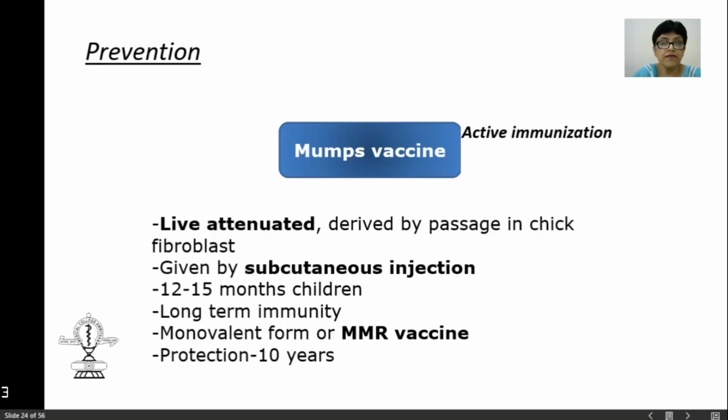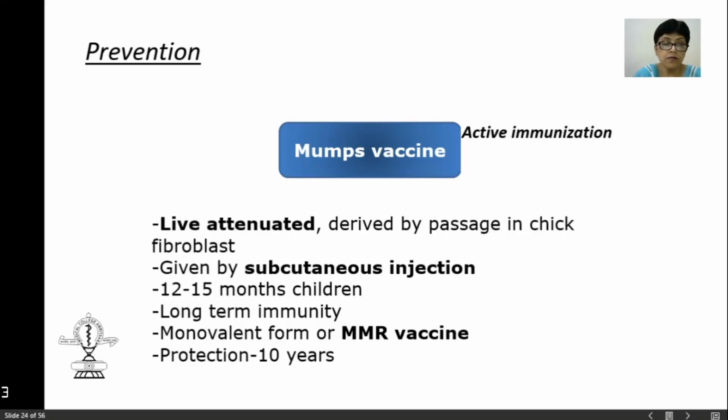This is a live attenuated virus vaccine derived by passage in chick fibroblast, given by subcutaneous injection in the age group of 12 to 15 months, much before the virus gets to its population of 5 to 9 years.